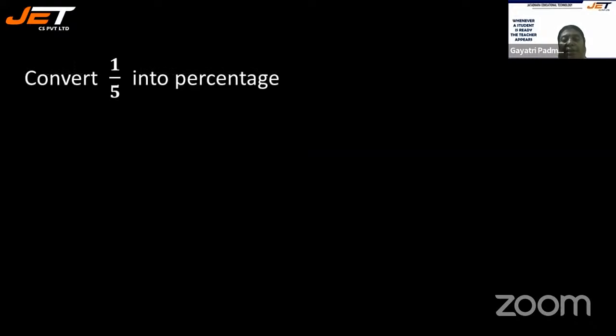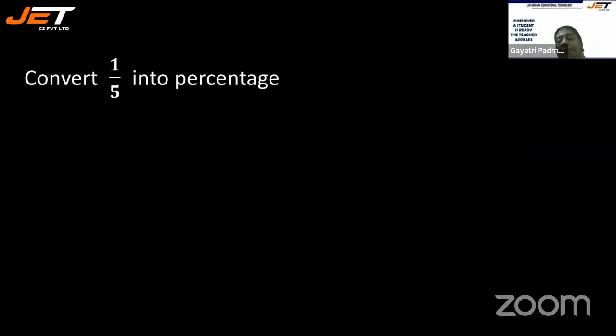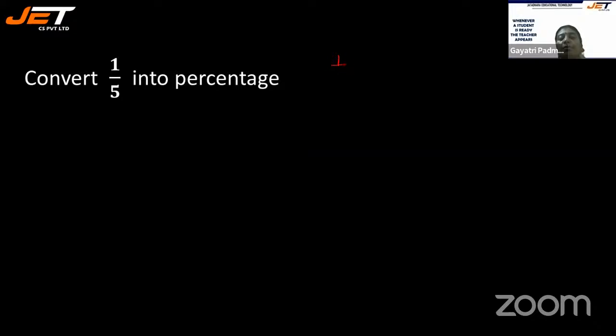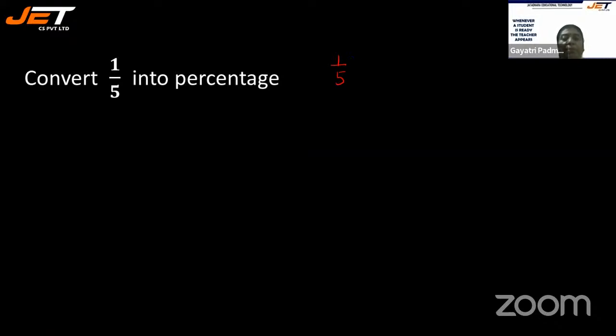Now let us try another one. How do you convert 1 by 5 into percentage? One sum is already done, so we can try this together. As I said, to convert into percentage, we multiply by 100.